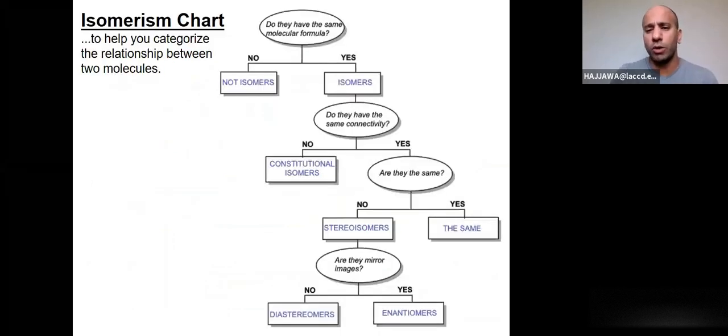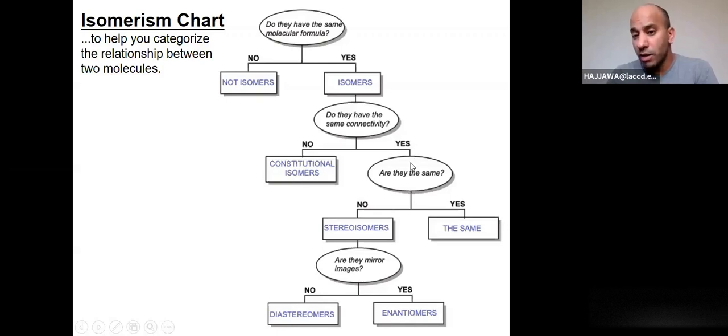So here is the chart one more time, just to remind you of what we discussed today so far. If I'm asked to label two compounds, what's the relationship between them? I ask myself, do they have the same molecular formula? If the answer is no, they are not isomers. If the answer is yes, they are isomers. The next question would be, what kind of isomerism do they have? Well, ask yourself, do they have the same connectivity? If the answer is no, then they are constitutional isomers.